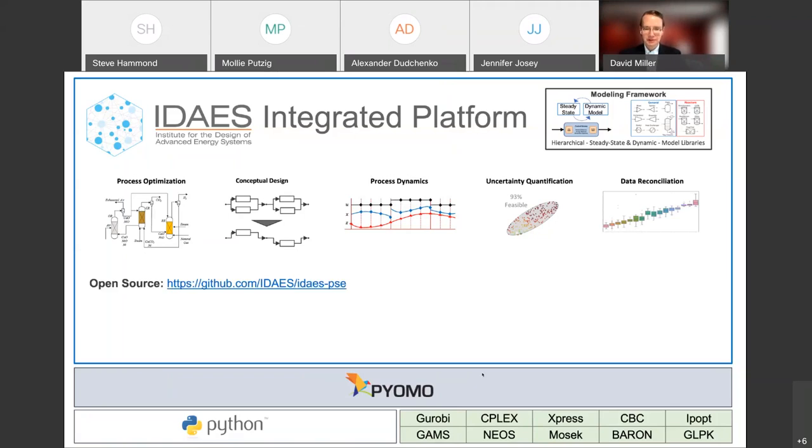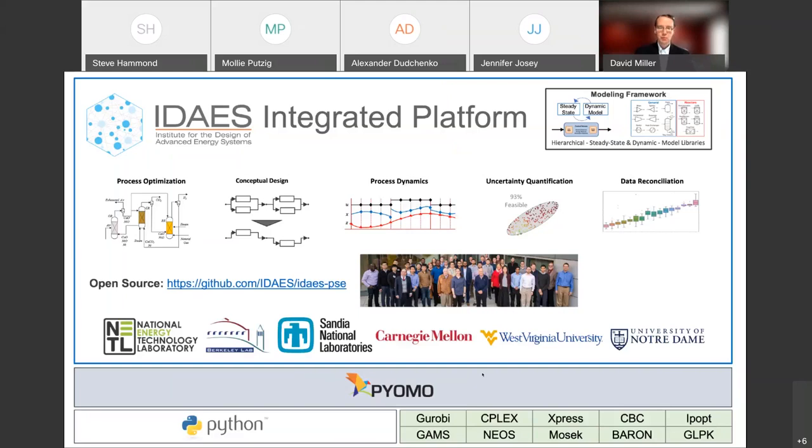IDEAS is open source, it's widely available, and it's been developed by a team of researchers from multiple national laboratories and universities. It's a picture of the team at our last face-to-face meeting about a year ago. We have a wide variety of stakeholders that are part of IDEAS that includes industry, it includes researchers from academia, as well as a variety of national laboratories.